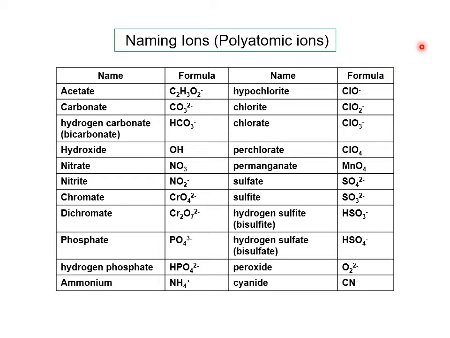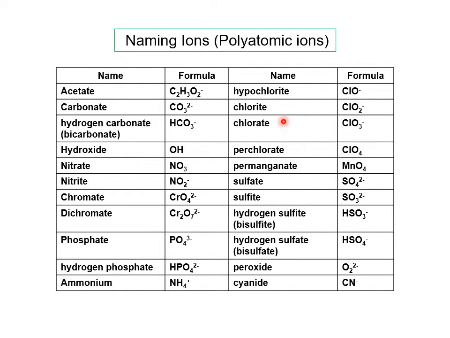There is another video that'll show you how to memorize it and give you some mnemonics for memorizing it more easily. But notice that a lot of these end in ATE, so acetate, carbonate, nitrate, or they end in ITE, nitrite, for example, sulfite.